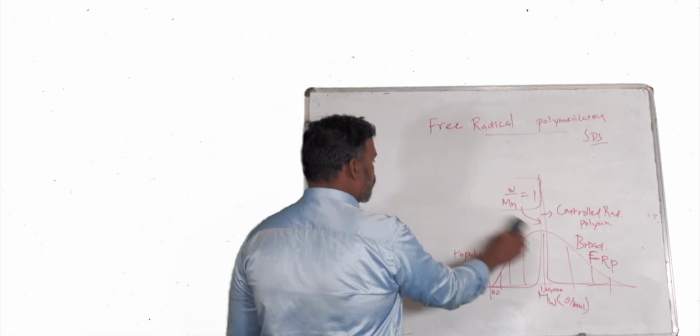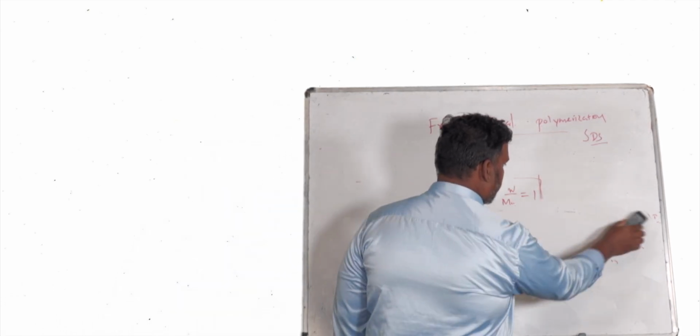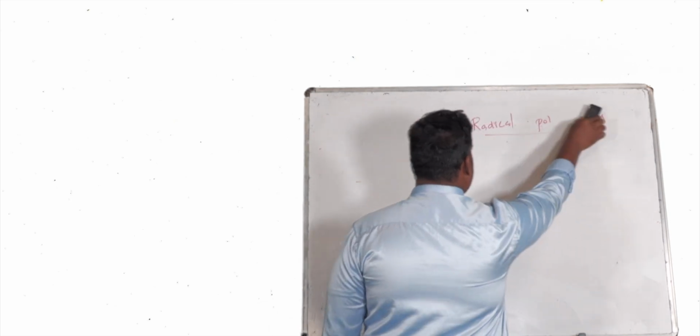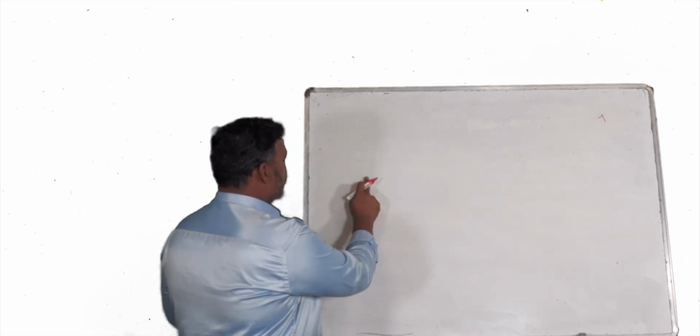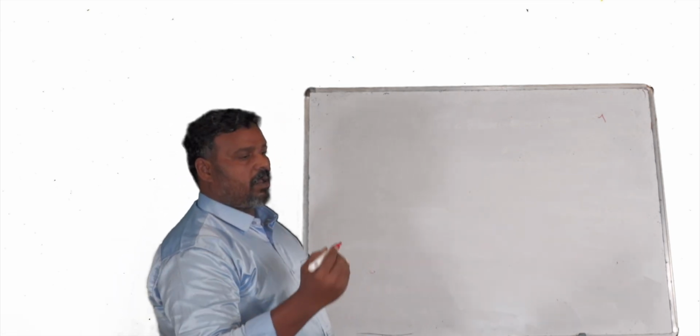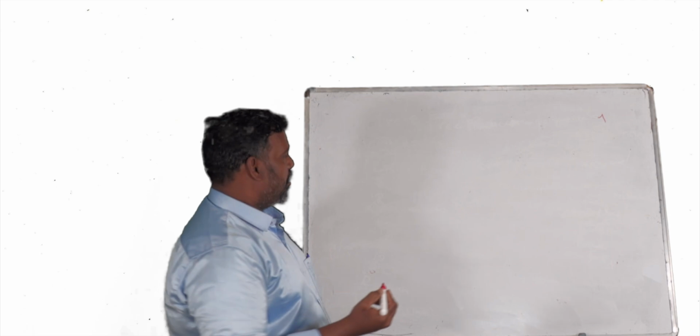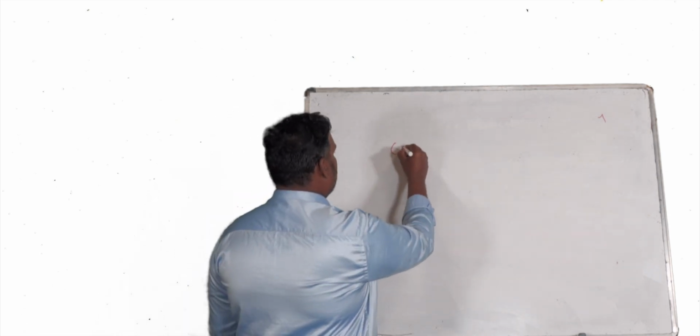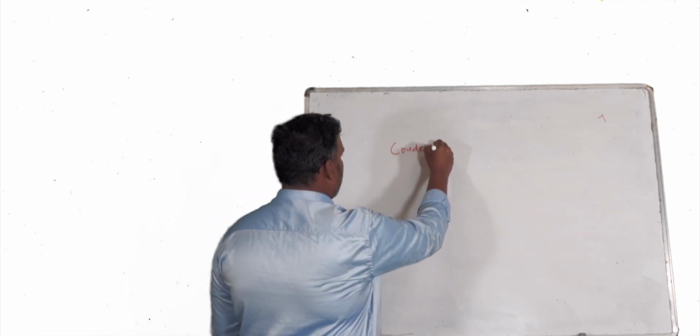Then we'll move to the second type of polymerization, which is called condensation polymerization. We have seen that only the vinyl monomers undergo free radical polymerization. But what is the criteria for a molecule to undergo a condensation polymerization?